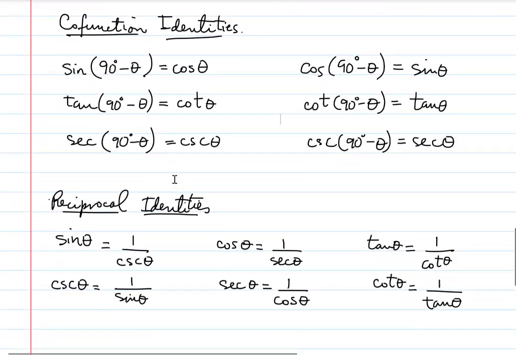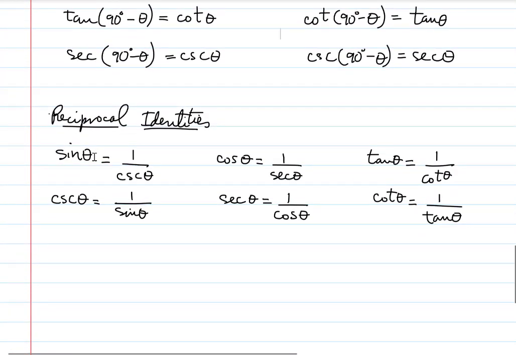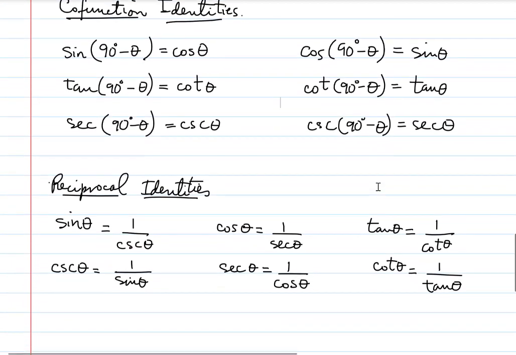So that's where these reciprocals come from. Sine is going to be 1 over cosecant, and vice versa. Cosecant is 1 over sine, right? And then we have cosine is 1 over secant, because from the definition, their ratios are just reciprocal of each other. These are easy to prove just using the plain definition.